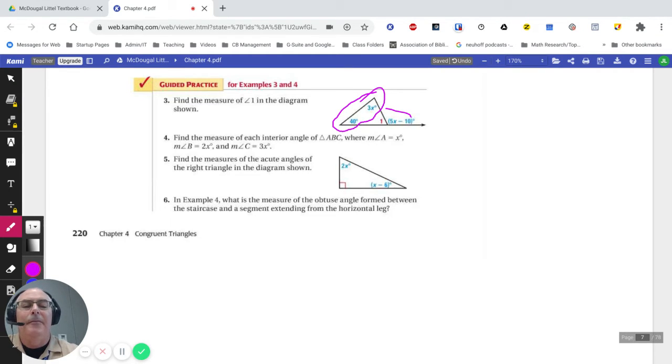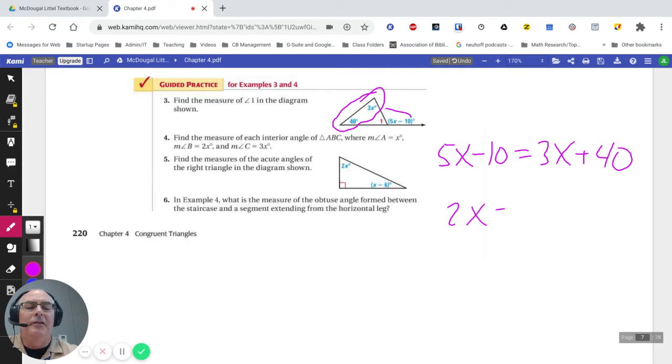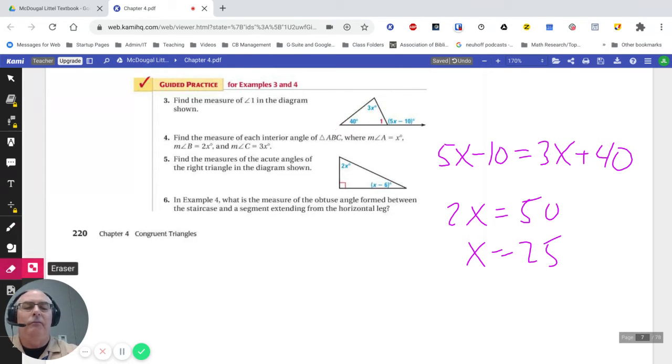So we can set this up similar to the other example, and we can say 5x minus 10 is going to be equal to 3x plus 40. And we can go through, and we get 2x is going to equal 50, and we're going to get x equals 25.